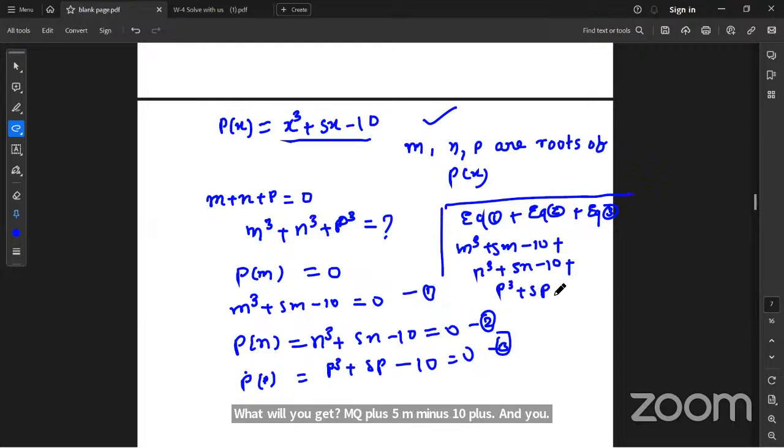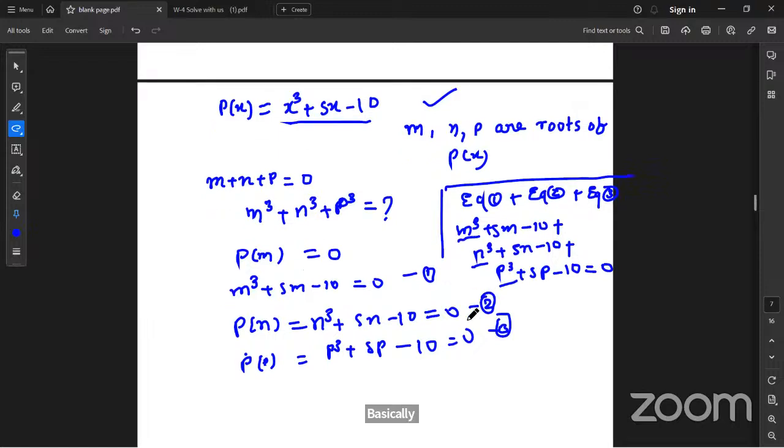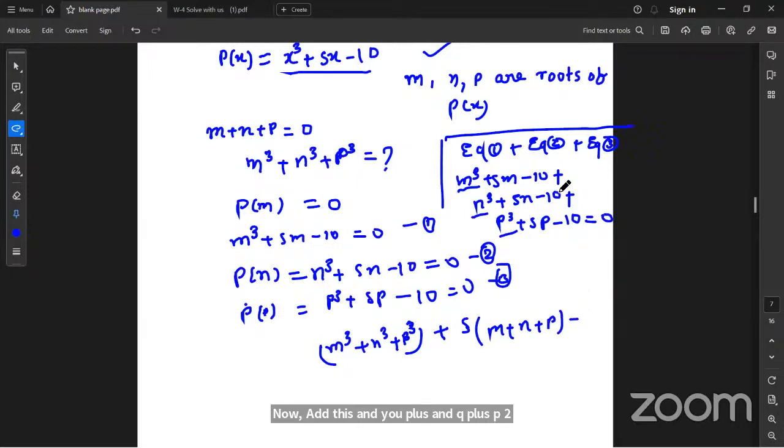Basically, this question is based on adding of polynomials. 0 plus 0 plus 0 is equal to 0. Now add these terms: m cube plus n cube plus p cube plus 5 common, m plus n plus p, minus 30.